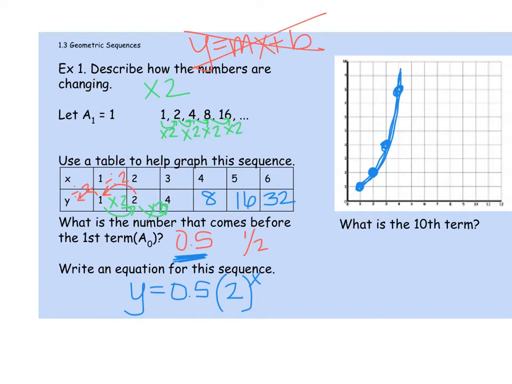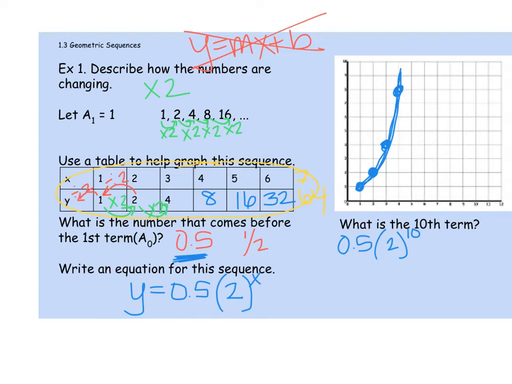Then it says, what is the 10th term? Again, you could continue using this table, and then know that the 7th would be 64, the 8th is 128, and so on, okay? But I'm just going to go 0.5 times 2 to the power of 10, okay? And just a heads up, you cannot multiply this first.